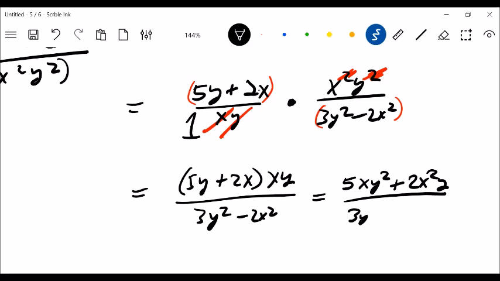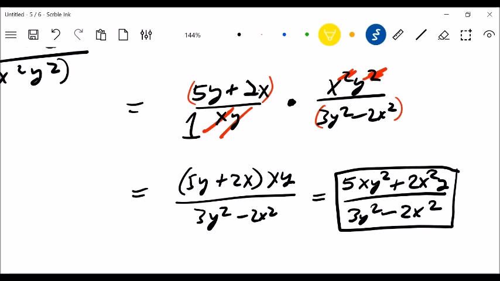And the denominator is the same, 3y squared minus 2x squared. And that's as far as we can go because those are separated by the division symbol and they're entire units together. So you can't divide the 2's or the x's or the y's because it's an entire expression there that has to be reduced, or cancel out with the entire expression. So that's as far as we can go here on this one.